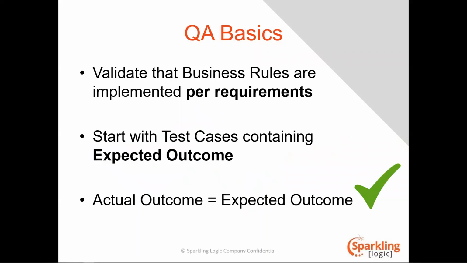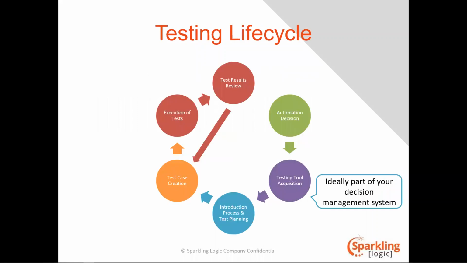Ideally, you do have an expected outcome, and you can make sure that each one of the test cases that you have is matching your expected outcome. If they match, then you pass, and if everything matches, you're good to go, and they can go into production. If they don't, then there may be some work to fix things, and we'll see what that means.